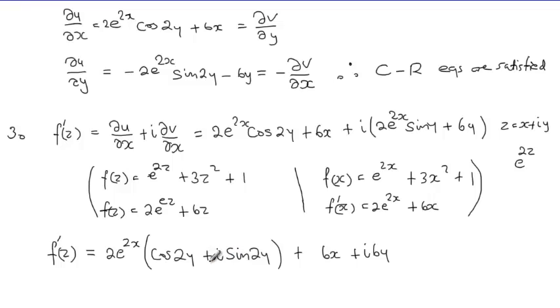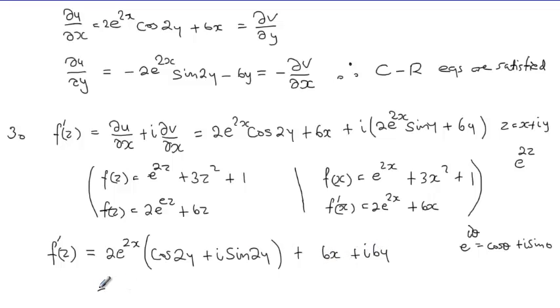Now we note that here we've got the identity which stated that e^(iθ) is equal to cos θ plus i sin θ. And here we've got x plus iy times 6, since 6 is a common factor here.